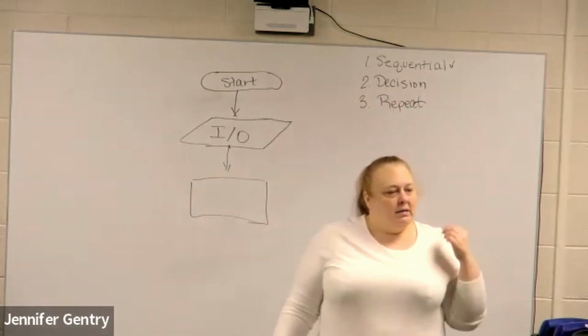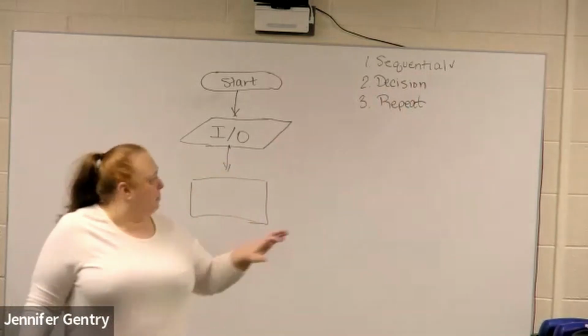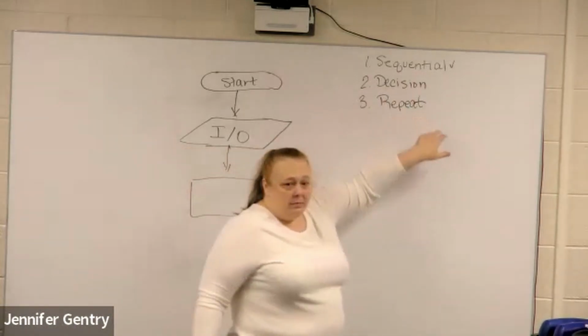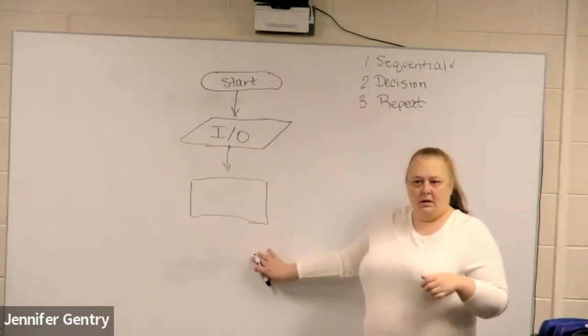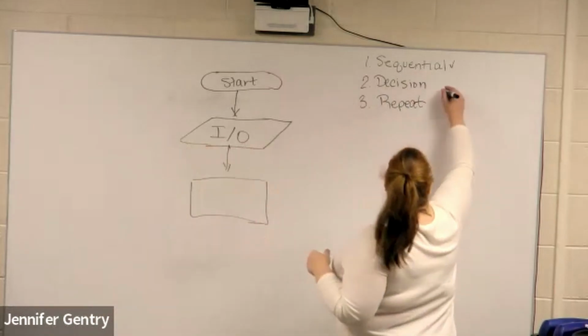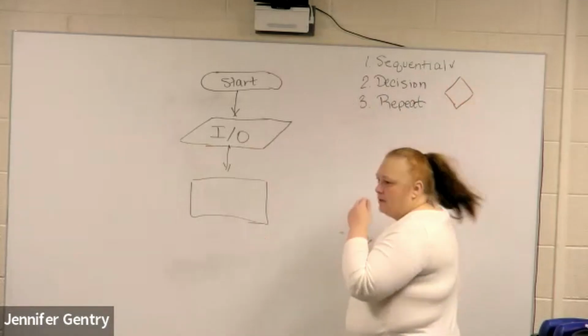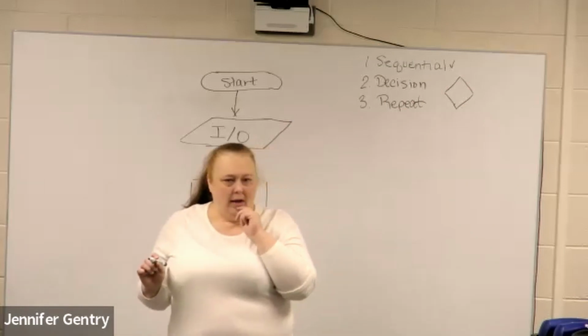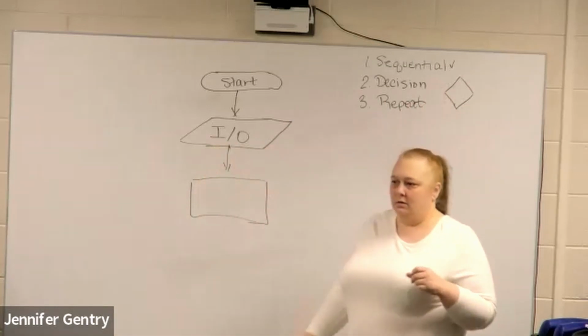Does anyone know what it looks like on a flow chart if I want to make a decision or do a repeat? These actually have the same symbol. What symbol am I missing up here? Good job. A rhombus or a diamond. Okay. You're going to use that both for decisions and for repeating.